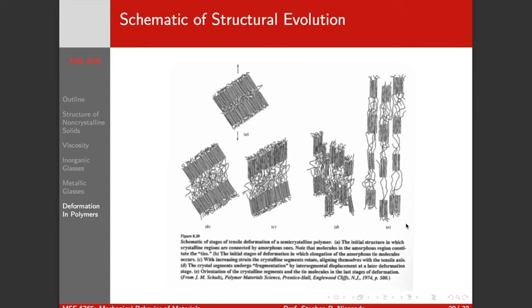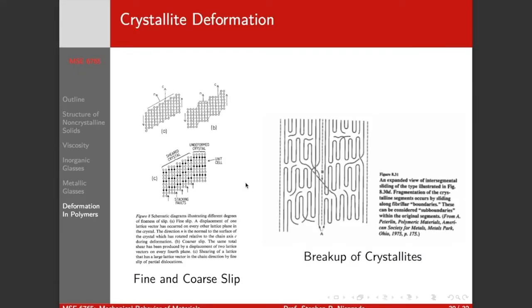Right? So these are basically the stages of deformation in a semicrystalline polymer. So here we are in our highly oriented structure. And we can also get, right, they're crystals, so we have defects. We can get slip in polymers. So we can get crystal shearing, which can give us stacking faults in our crystal.